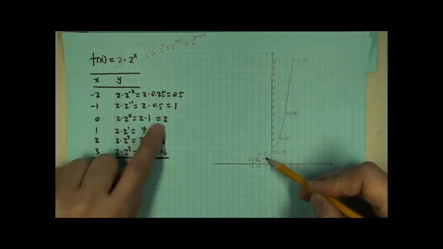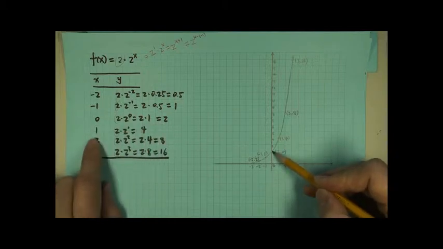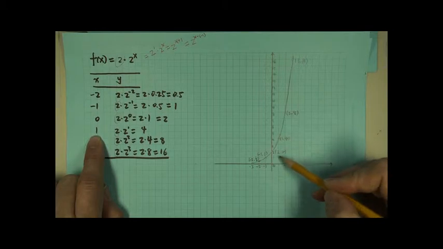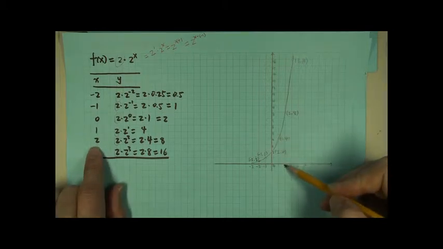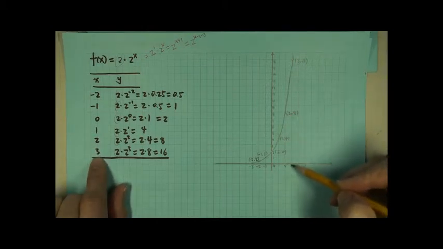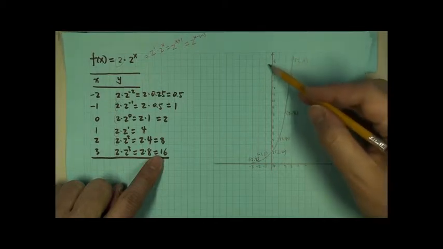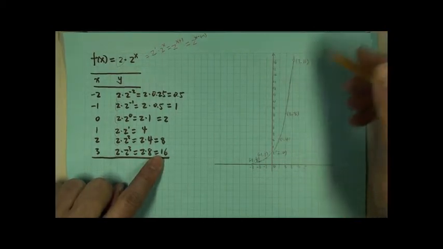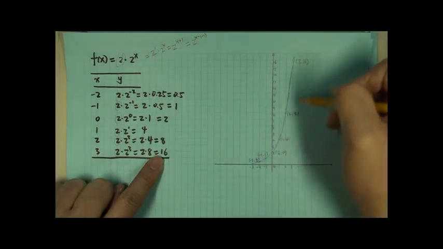The third point is 0, 2. And the fourth point is 1, 4. Then here x is 2, you have 8. And x is 3, you have 16. Very tall. So you connect all the points by a smooth line, and you should have a curve.